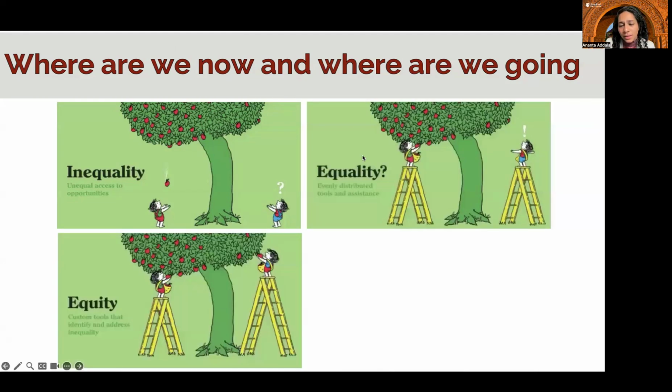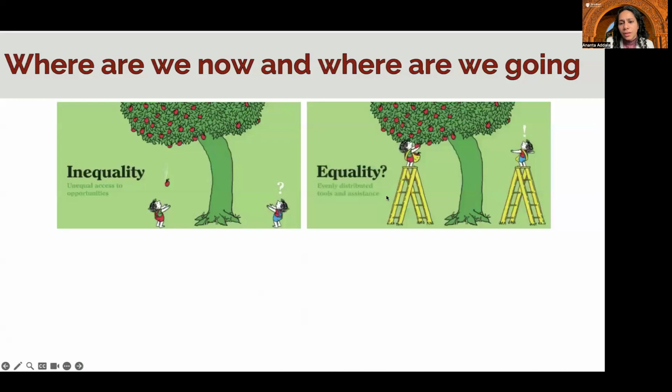And then equality is the distribution of tools and resources equally. So here you can see why just being equal is not sufficient. The child in the blue overalls, using the same tools through no fault of their own, is not able to reach that tree simply because the tree is bent in the other direction.